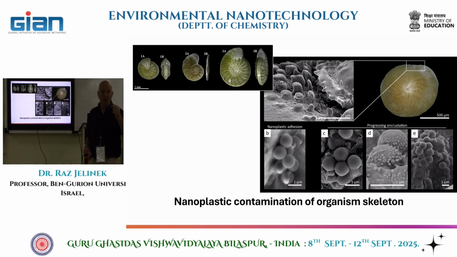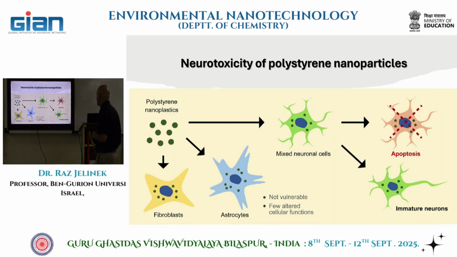And when they go into our body, again, they can really disrupt and break important biological processes. This is what polystyrene particles, nanoplastics, do when they go inside neurons in our brain. You know, polystyrene is maybe the most common plastic.